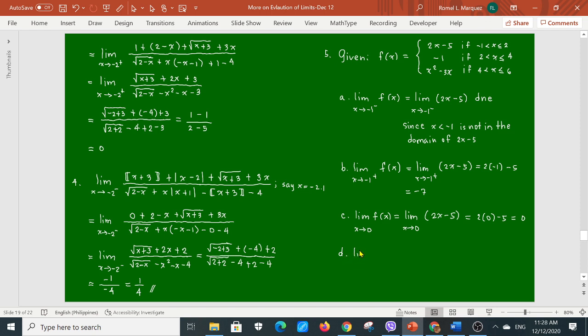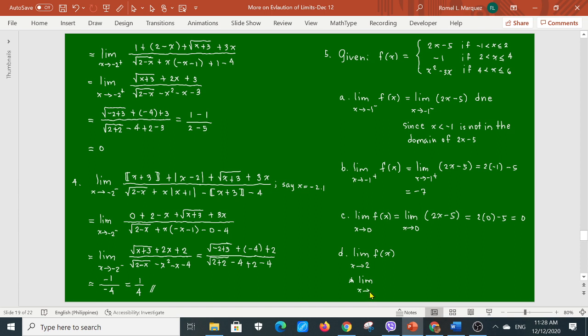Letter D, limit as x approaches 2 of f of x. Now, since this is piecewise, to solve for this, we have to look for the left and the right first, because 2 is at the endpoints of the subintervals.